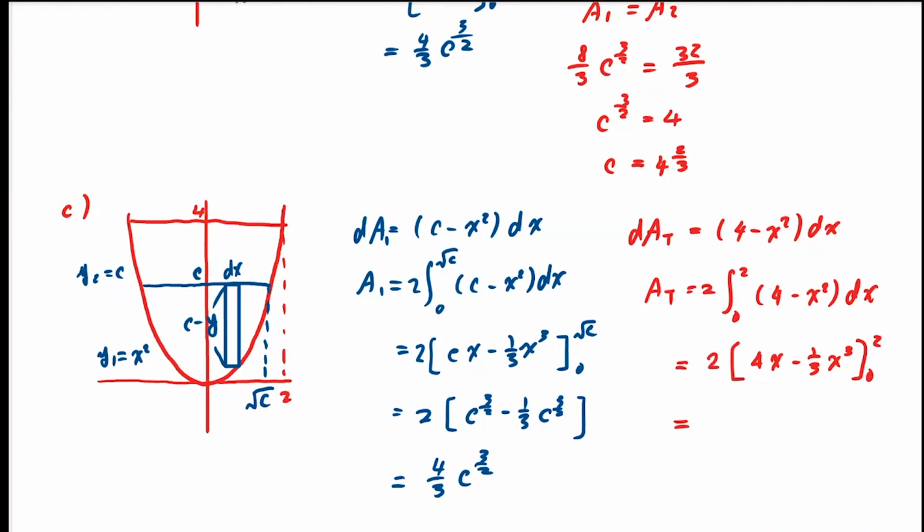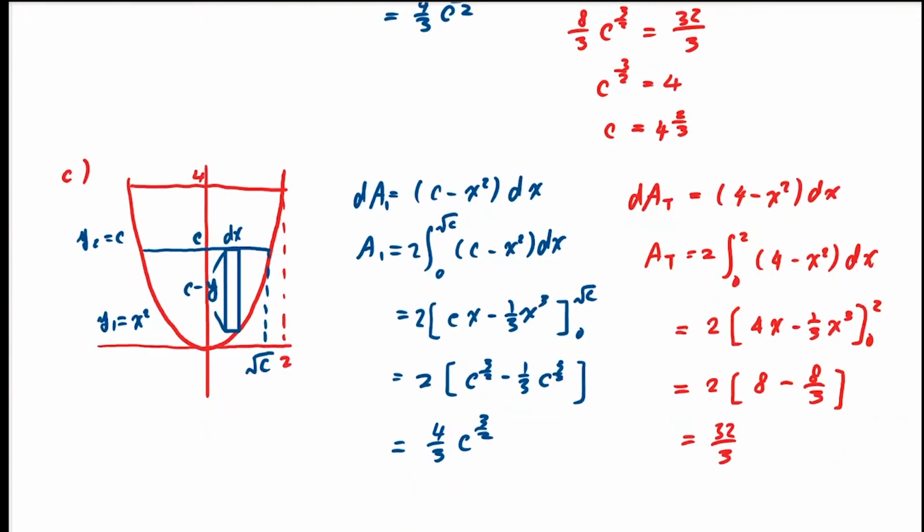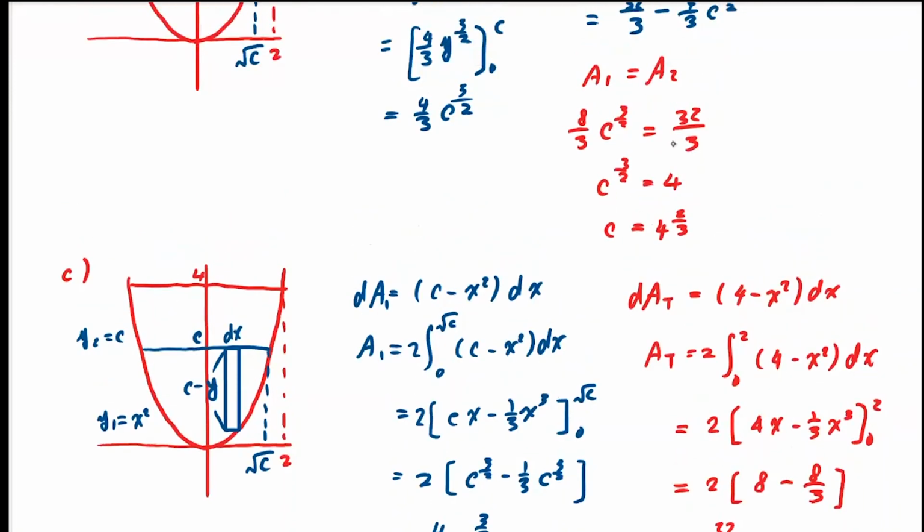And then substituting it, so we have 8 minus 8/3. Say yes. So that is 2/3, so 16/3, times 2, 32/3. Good, which looks familiar too, 32/3 up there.